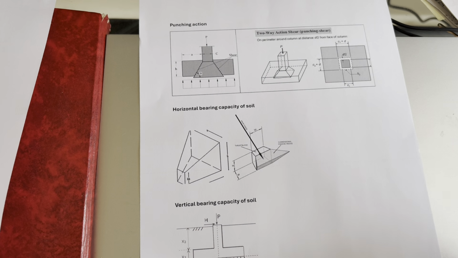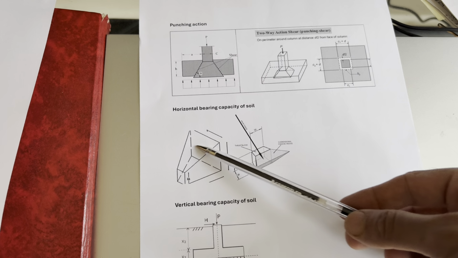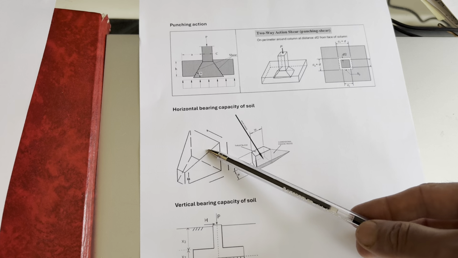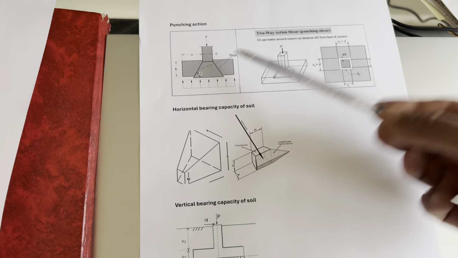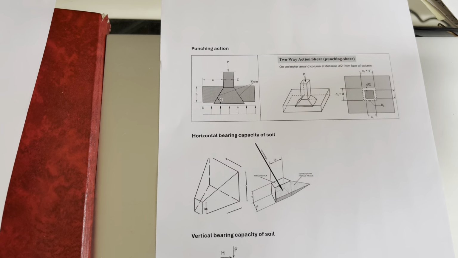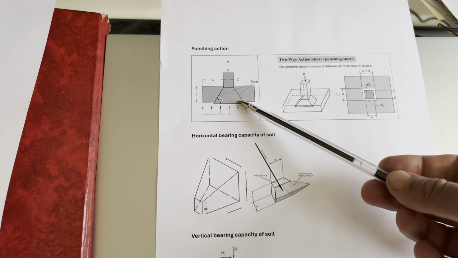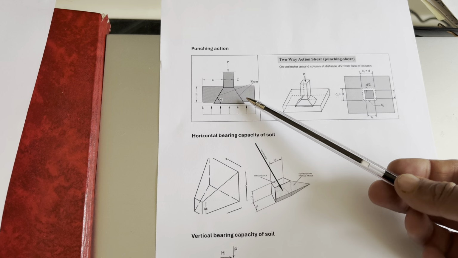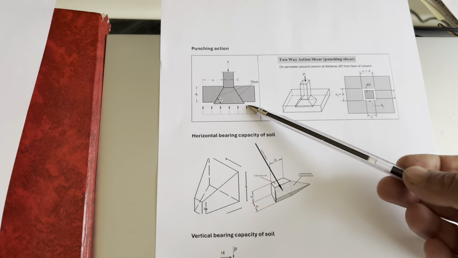It is easy to check, because this type of anchor thrust block is thick enough. The only way to check this one is to check for shear, punching shear. You know that the punching shear check is always in two parts. One part is for reinforcement, the other part is just concrete itself.